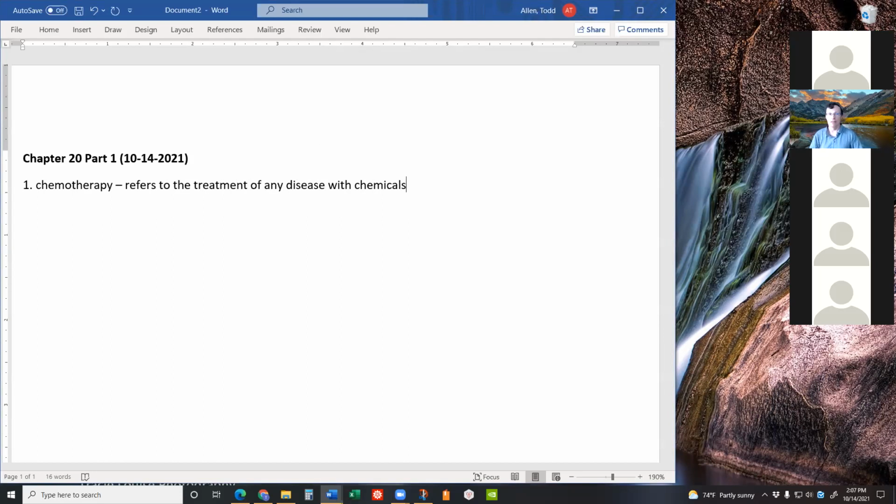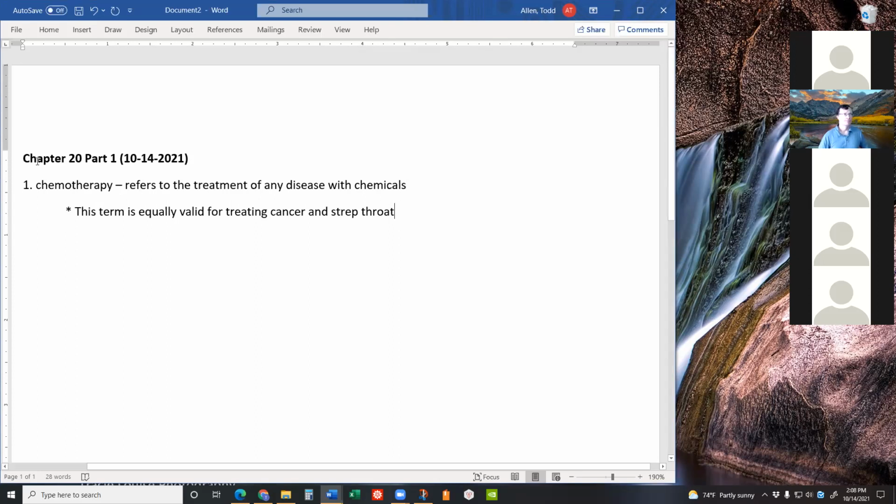So this term is equally valid for treating cancer and strep throat. There really is no difference in terms of our understanding of what chemotherapy means. We simply in our society think, oh, cancer, and it can't be anything else. That is patently false.